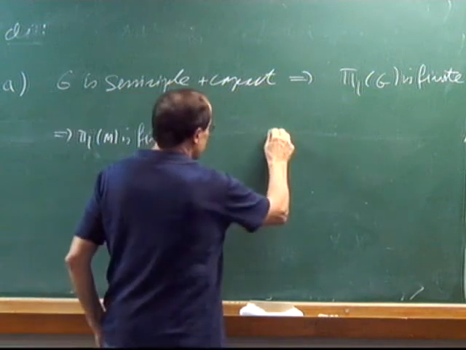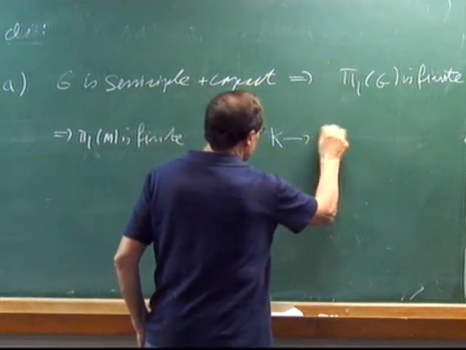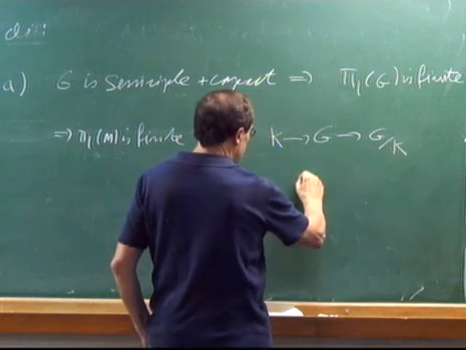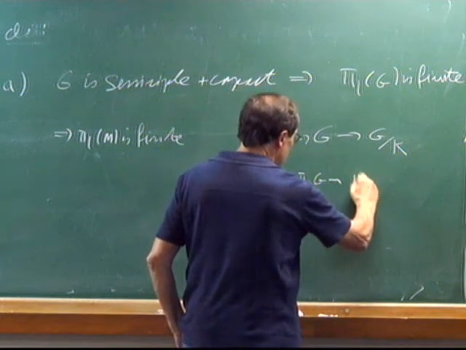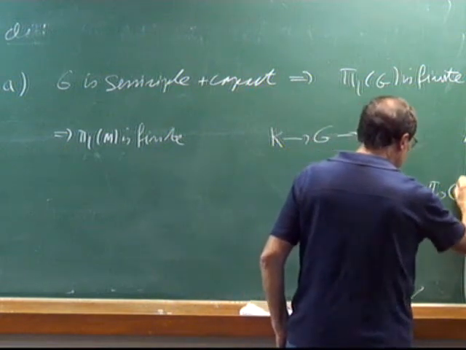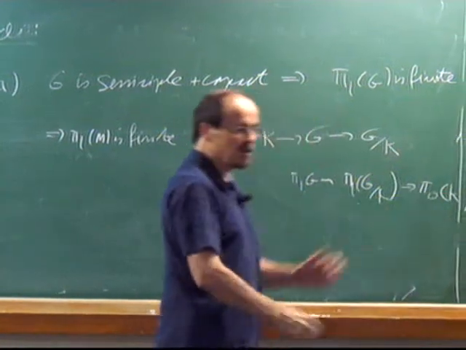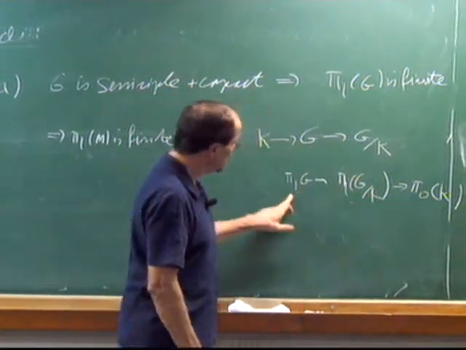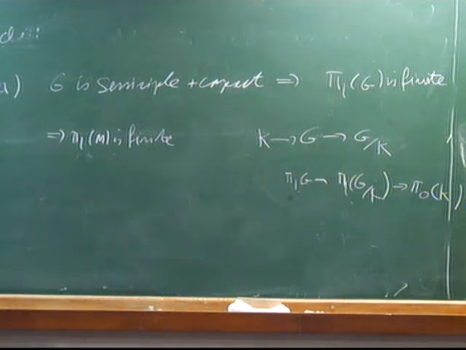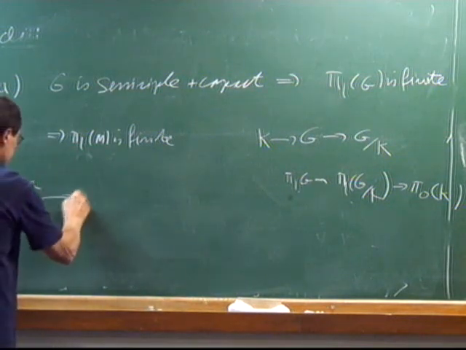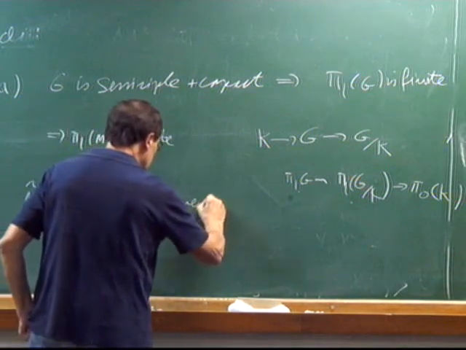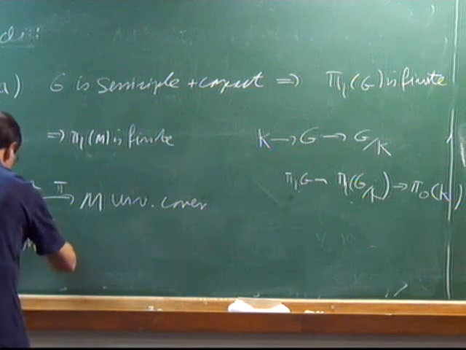Because remember, I have my fibration: K goes to G goes to G mod K. And here I have pi 1 of G goes to pi 1 of G mod K goes to pi 0 of K. K is compact, has finitely many components. That's a finite group. This is a finite group. Therefore, this is finite also. So I can look at the universal cover, and M tilde is still compact.